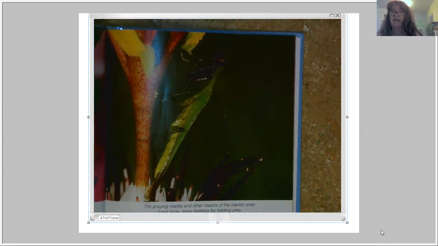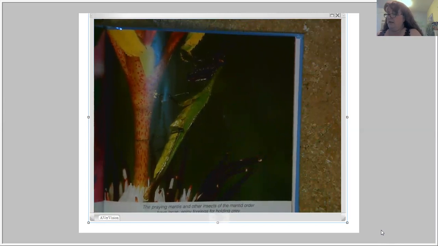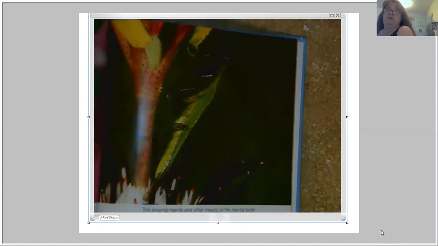The praying mantis and other insects of the mantid order have large spiny forelegs for holding prey. Now his legs are kind of dark in this picture and there's the glare, so I'm gonna pick up the book because his legs are really cool and they got a picture of him with some pollen on his front legs. So I'm gonna pick the picture up, get it a little closer, try to get the glare off. So you can see up here, his head, his antenna coming off.